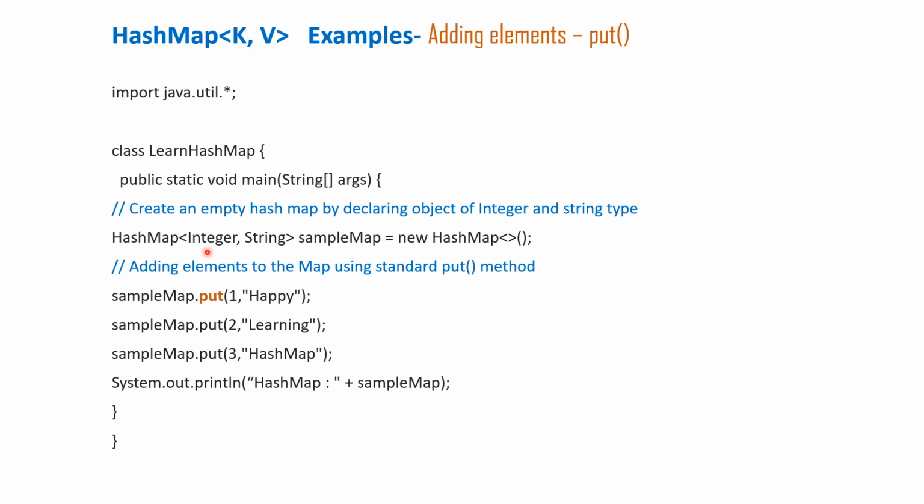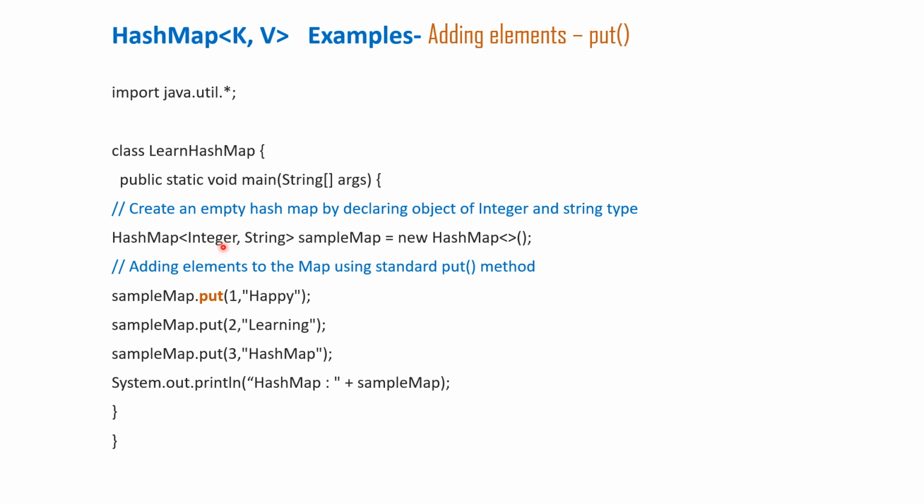It can be a string or whatever data type your requirement needs. And if you remember, in my previous videos I came up with one question: whether we can give a HashMap key or value as a custom object.